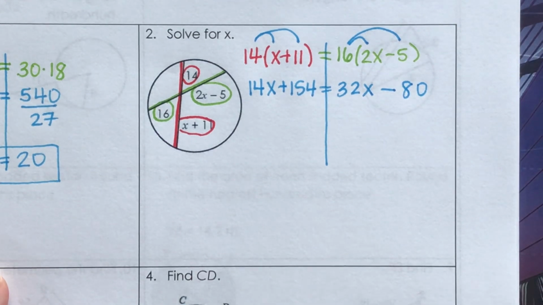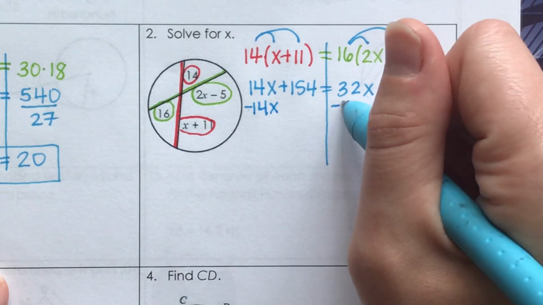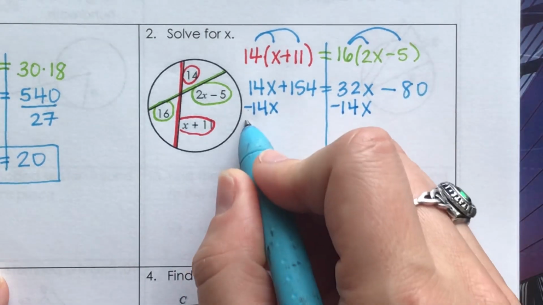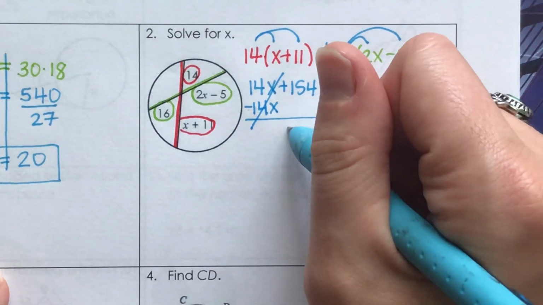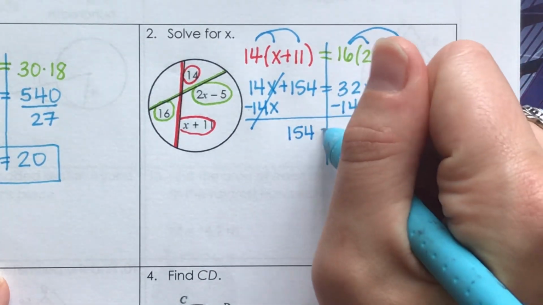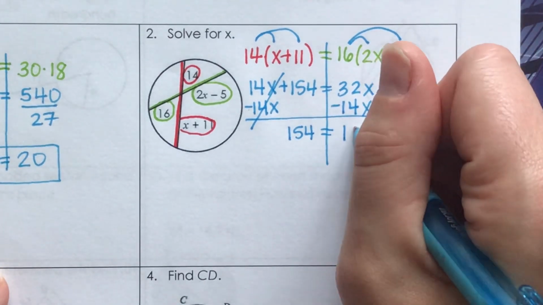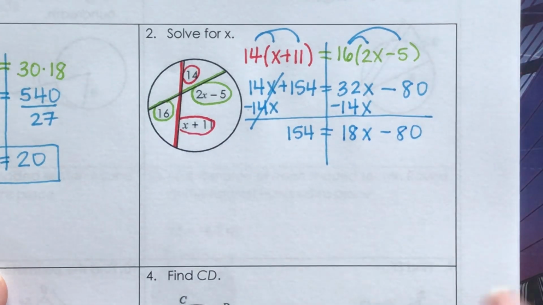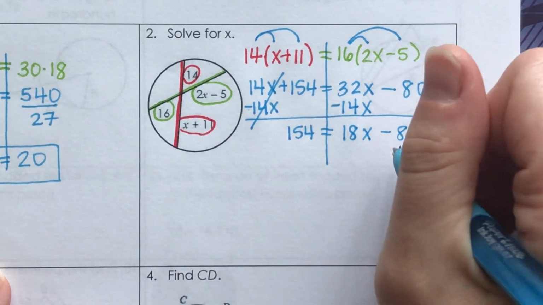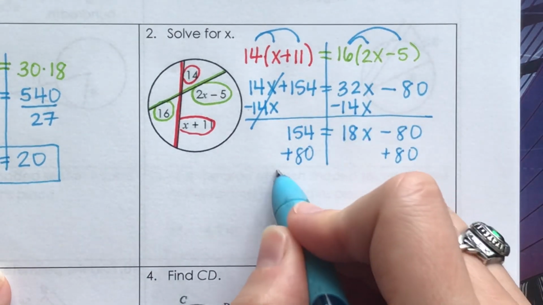Now I want to get all my x's to one side, so I'm going to move the smaller one. I'm going to subtract 14x from both sides. Working from left to right, my x's cancel. I've got 154 equals, I subtract these two, I get 18x. And then I bring down my minus 80. I want to get all the constants to one side, so I'm going to add 80 to both sides.